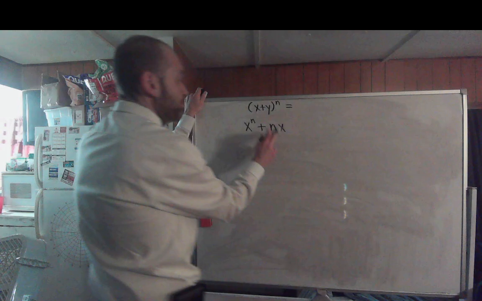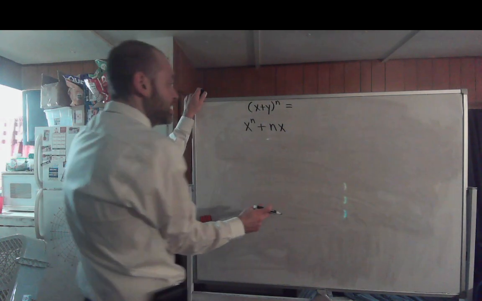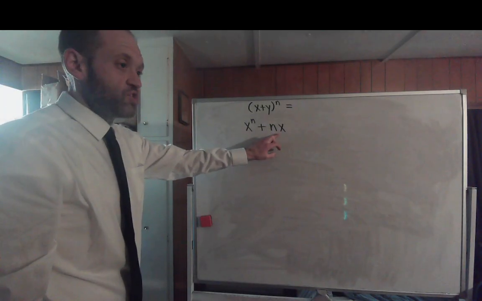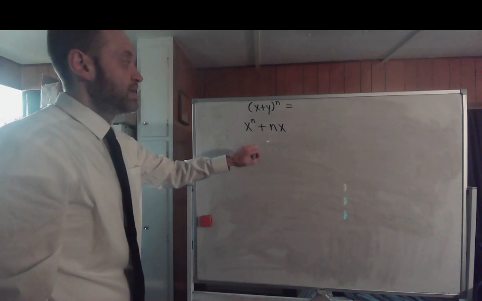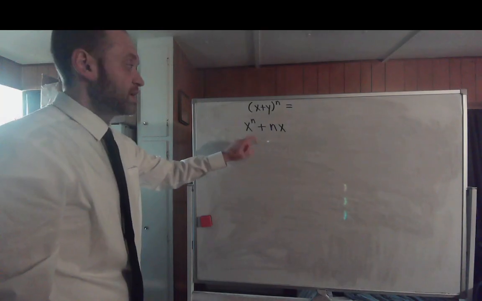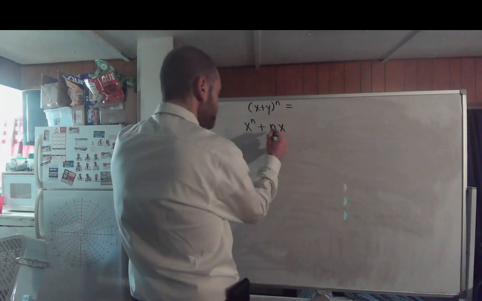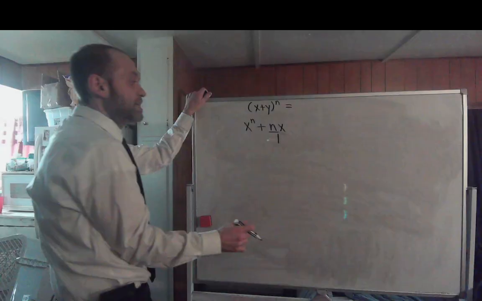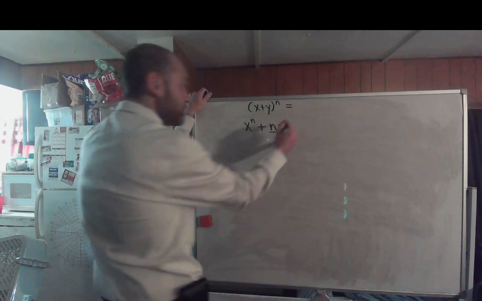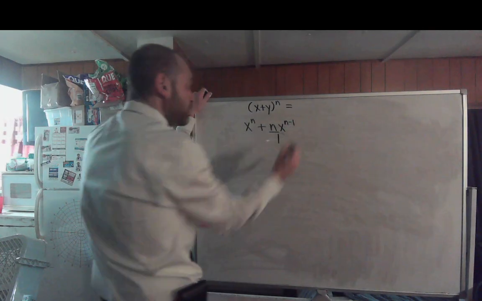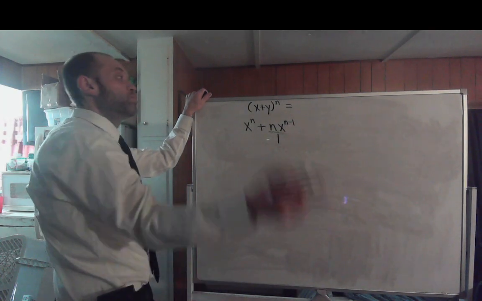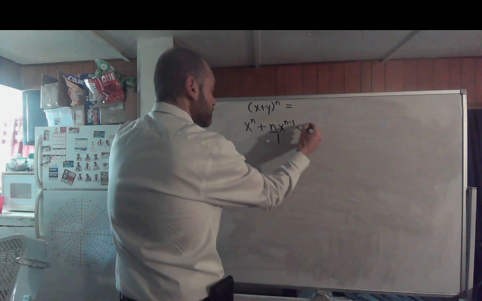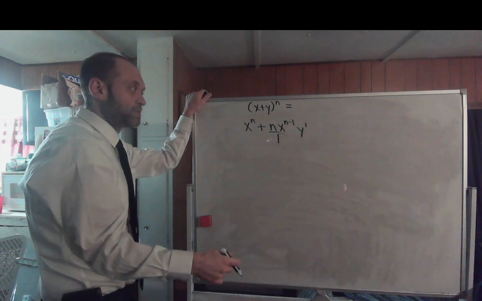Then go back to your first term, and you need to divide by the current number of the term you're on. In this case, that's the first term. Then you take your x power and lower it 1 degree, so that would be x to the n minus 1. And then you raise your y, your second term, power 1 degree, so that would be y to the first.